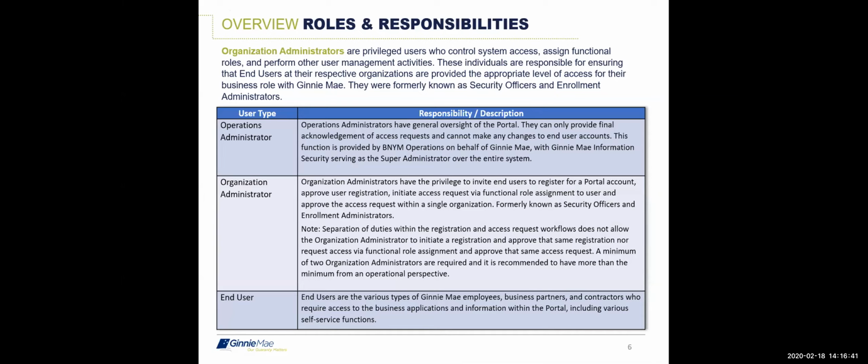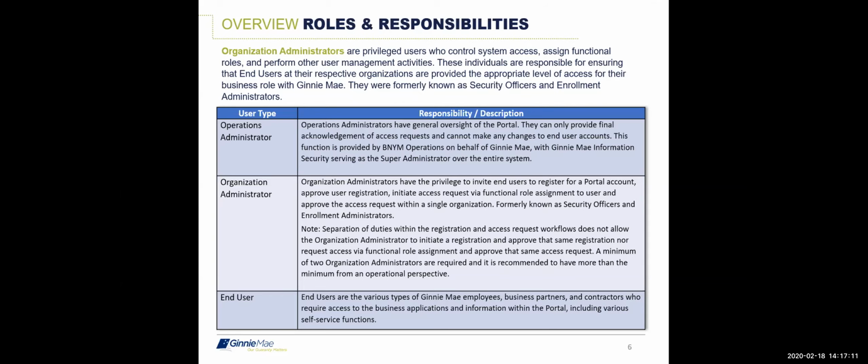You also have the privilege to assign them functional roles based on their business responsibilities. You can add RSA tokens to those accounts. You can enable their accounts and disable their accounts. You can reset passwords. There are a number of functions that you'll be able to do as an organization administrator on behalf of end users in your organization. End users, that bottom line, are the folks that actually conduct business on behalf of your organization.